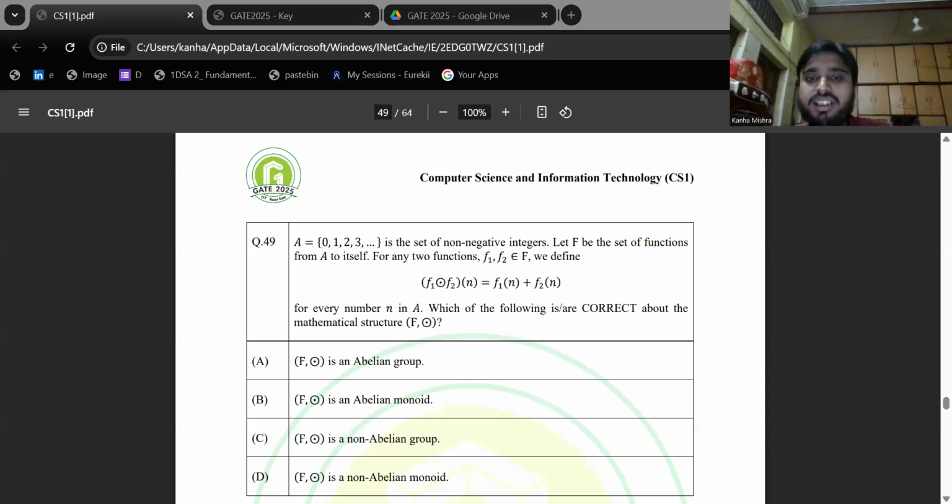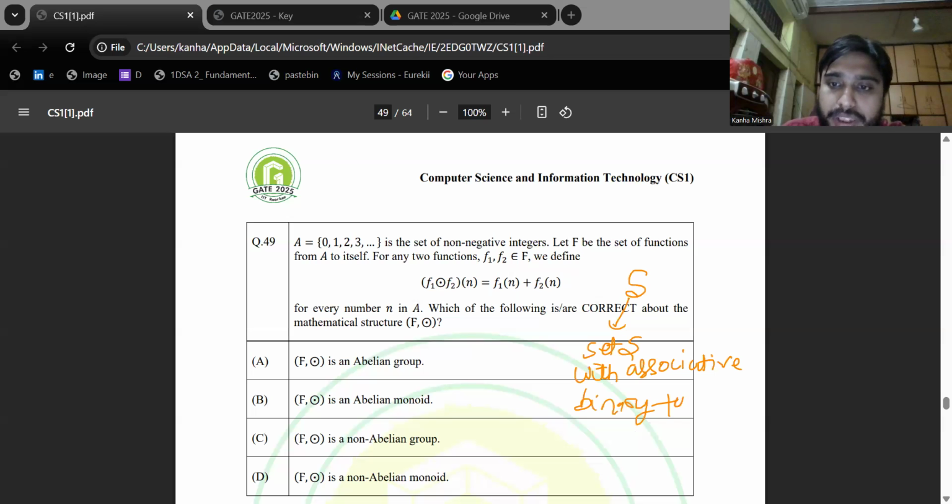So you can see that it is kind of a chain. First of all, there is a semigroup. Now, what is a semigroup? Let me write that. A set S with an associative binary operation is known as a semigroup. Now, what is a monoid?